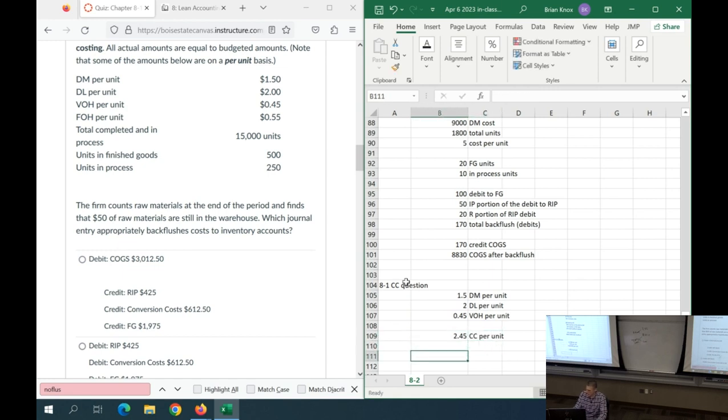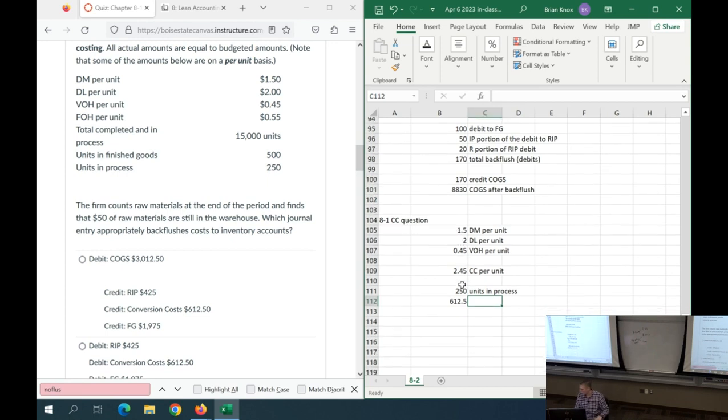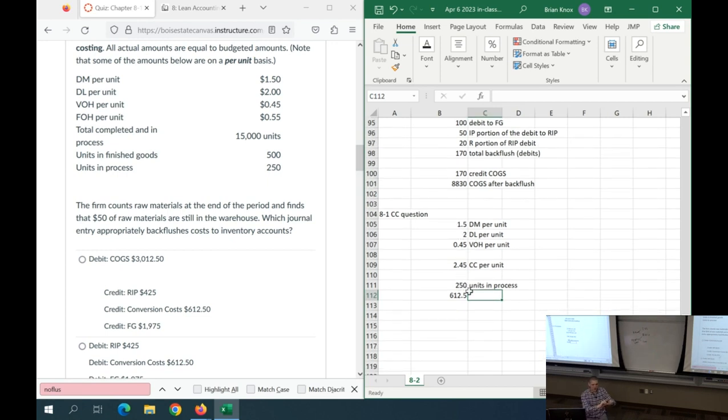And we have in process 250 units. So we're going to multiply the conversion cost times that and get the amount we're debiting to conversion costs. Conversion cost is just the portion of work in process that is due to direct labor and variable overhead. It's an inventory account.